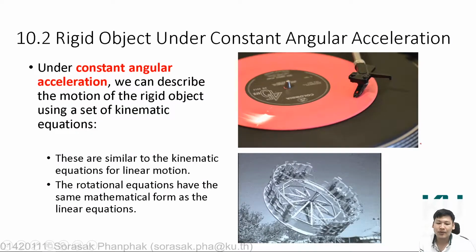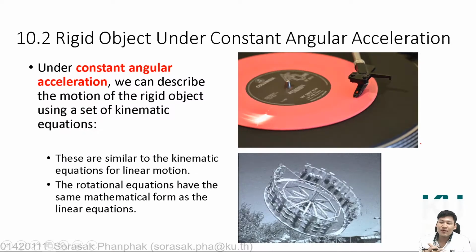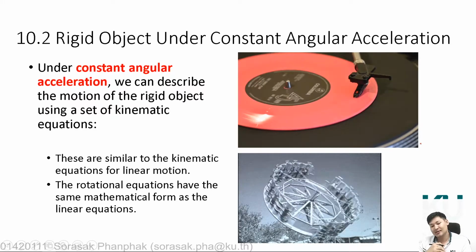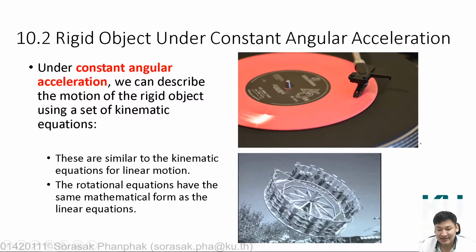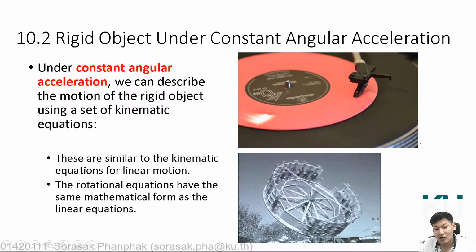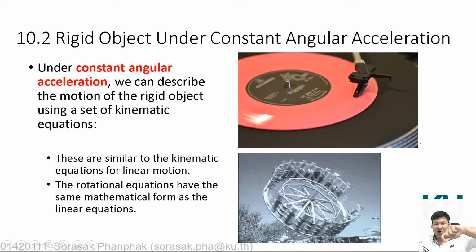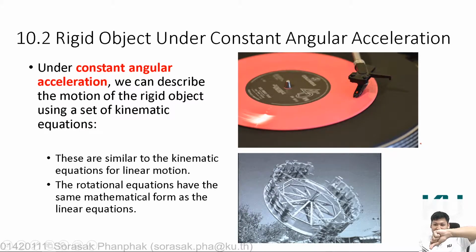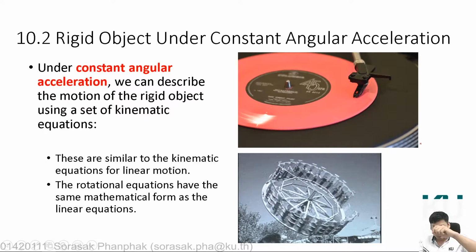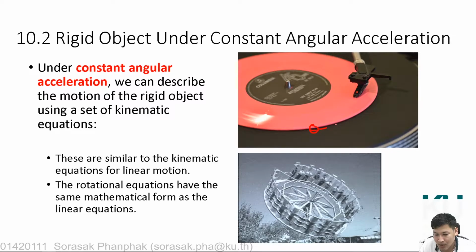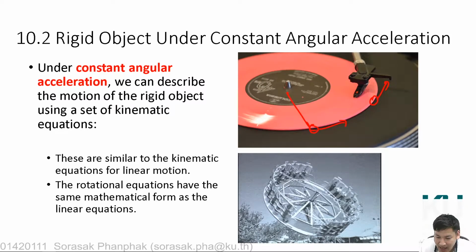Now, if this object is moving with a constant angular acceleration, what does this mean in this case? This is what you already learned in circular motion, but rather than looking at the picture of the path of motion, the motion of the object along the path, now you consider the angular displacement instead.